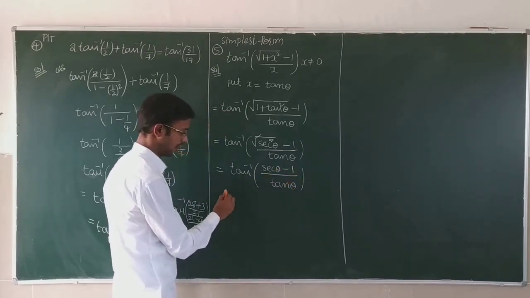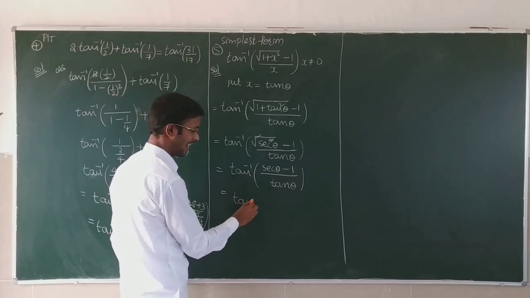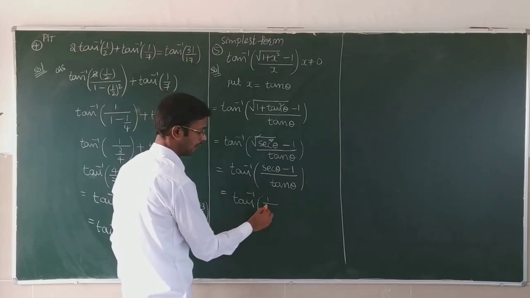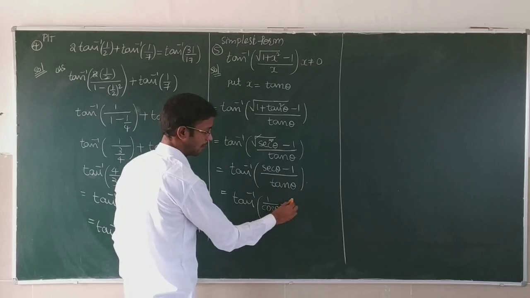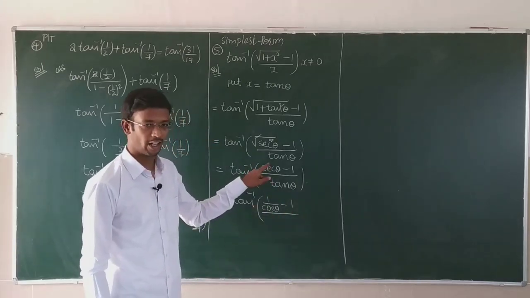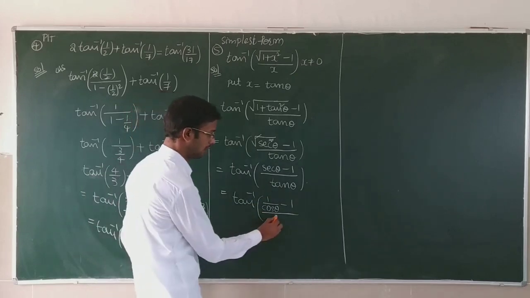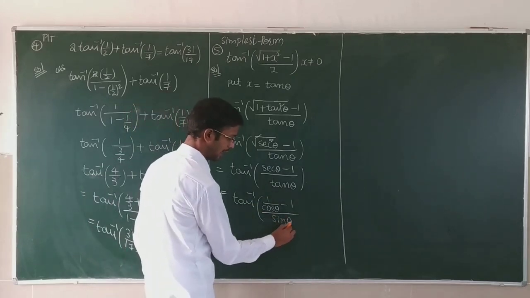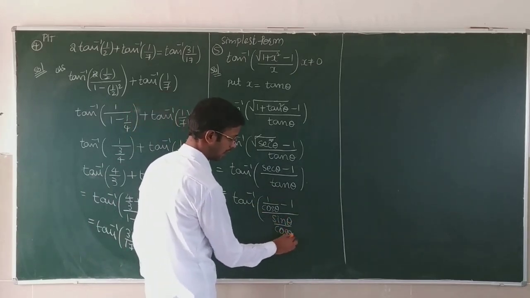So more simplification we have to make here. Tan inverse of 1 by cos theta minus 1. Secant I am writing as 1 by cos, and tan as sin theta by cos theta.